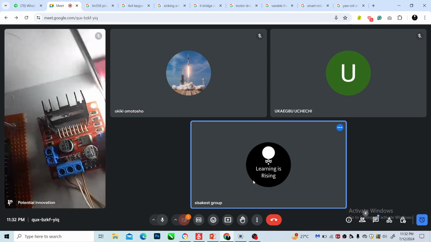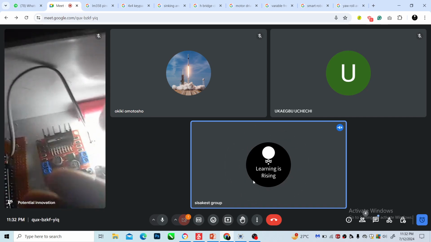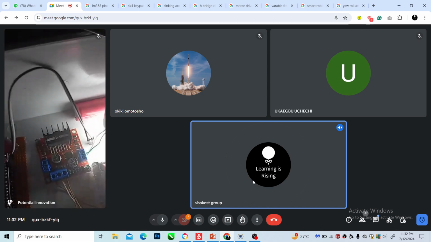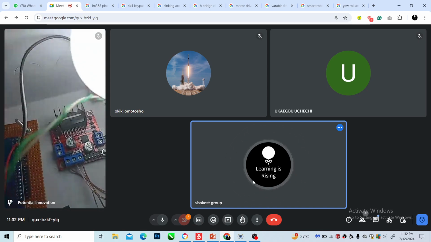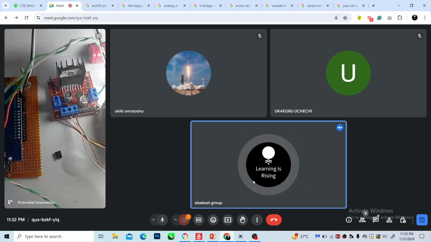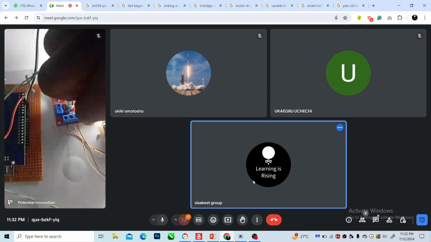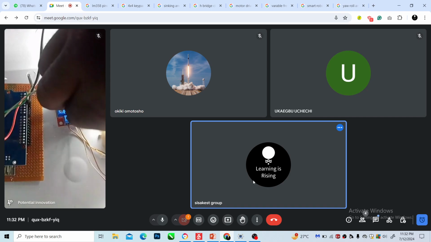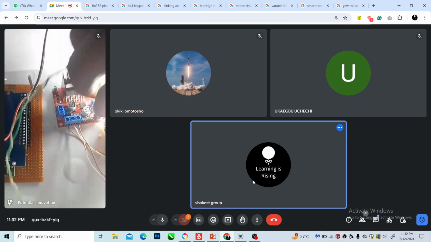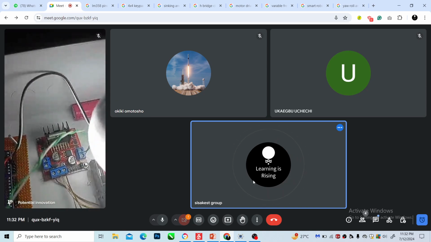This is the jumper now in my hand. If I'm plugging it back here, you will see it's here now. So this is the L298, and that's how it works.